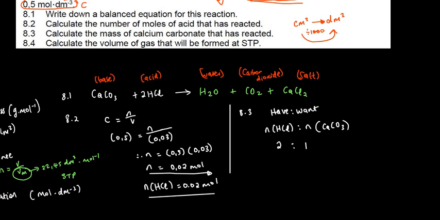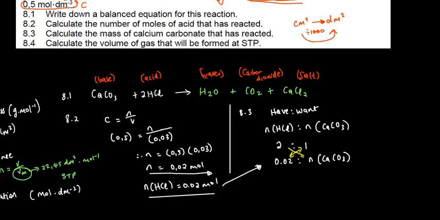Now, from what we have, we substitute what we have. Remember that we are given this one, so we're going to substitute it there to say we are given 0.02, but we do not have the number of moles of this one. It's the one we want, so we're just going to write it as it is, like this. Then after that, you are going to cross multiply.